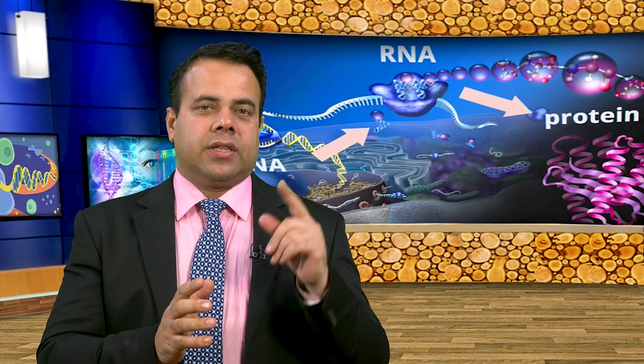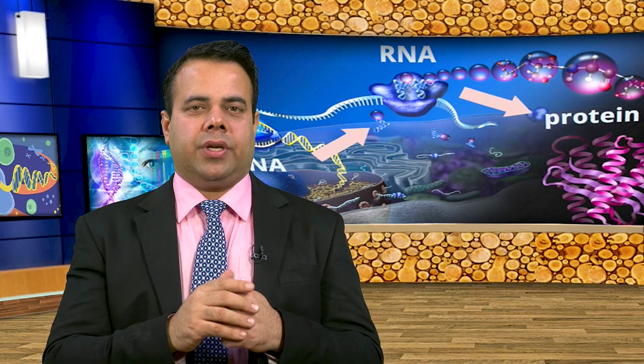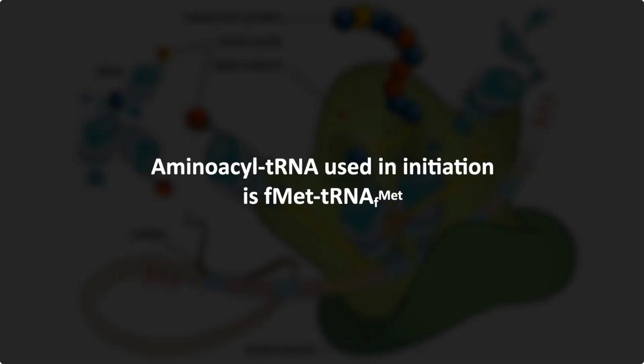In prokaryotes, the first amino acid of a new protein is N-formylmethionine, abbreviated fMet. Hence, the aminoacyl tRNA used in the initiation is fMet-tRNA fMet.